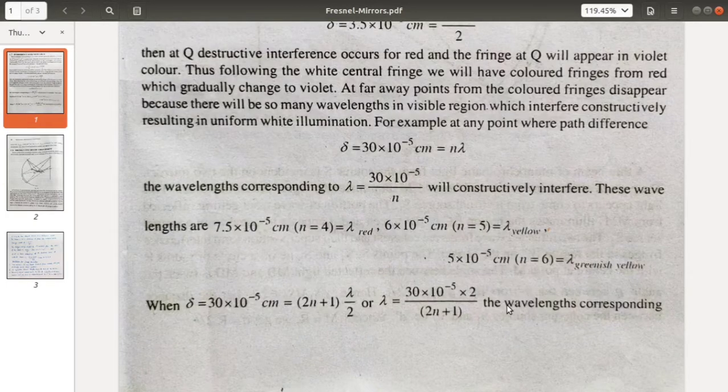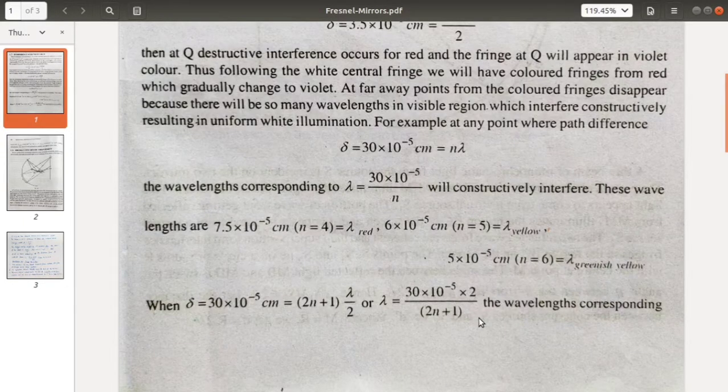The wavelength corresponding to this value will be that of orange when we are putting n is equal to 4, that is about 6.67 into 10 to the power minus 5 centimeter, and for n is equal to 5 this value will be that of the wavelength of yellow, that is 5.5 into 10 to the power minus 5 centimeter.